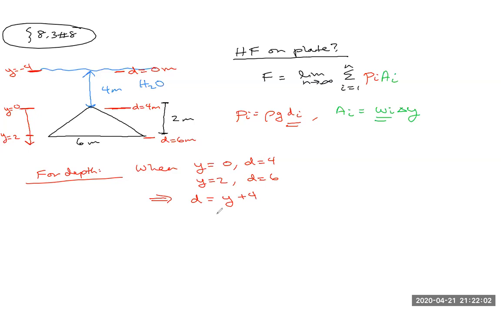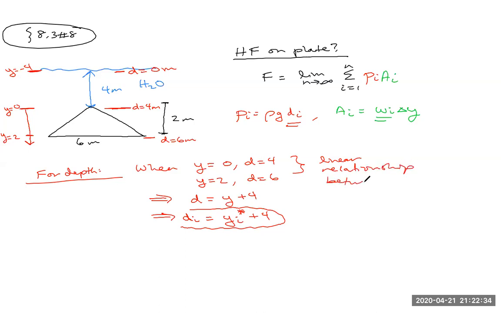And you can check that, right? Hopefully you're seeing that it's going to be y with 4 added. Go ahead and put a sub i and a sub i star. See how we found a relationship between d and y, between our depth and our coordinate system for the depth?